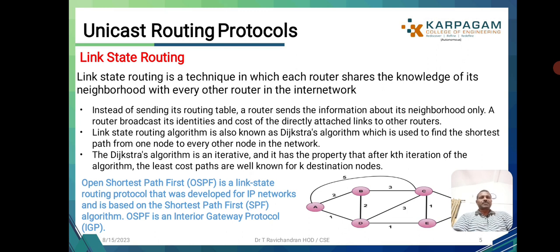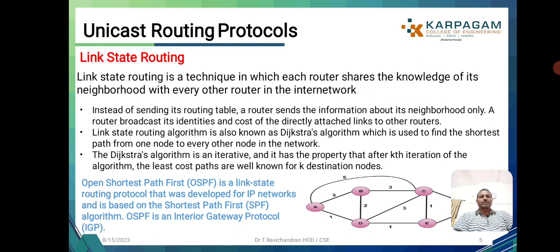The link state routing algorithm is a technique in which each router shares the knowledge of its neighbors with every other router in the network. Instead of sending its routing table, a router sends the information about its neighbors only.